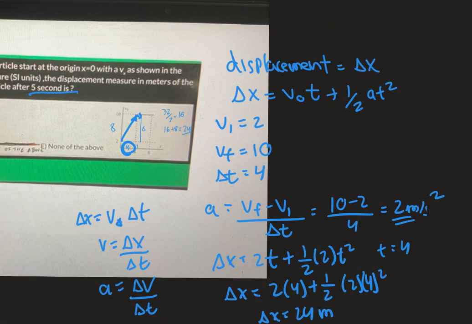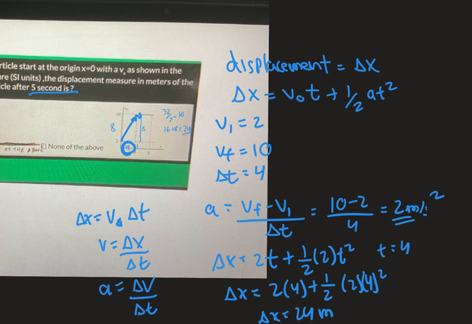So the displacement is the delta x. We have the formula for the first one. We have delta x, which is equal to v0t plus 1 over 2 at squared.